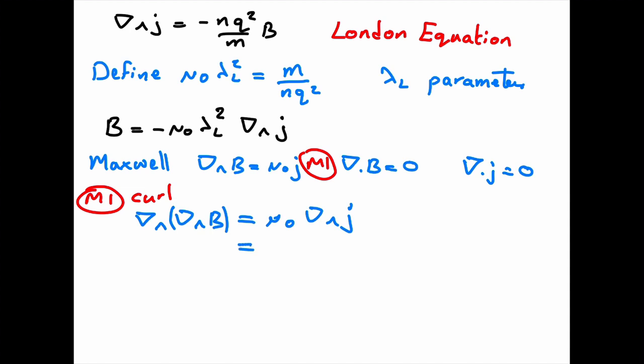So I can sub in from the London equation, and I would get minus B over lambda L squared.